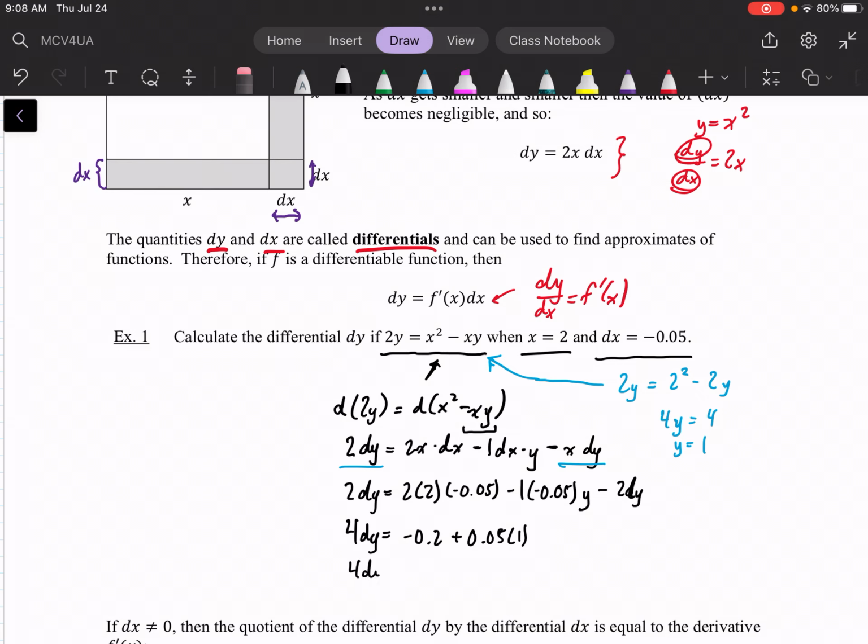So that's 4 dy equals negative 0.2 plus 0.05. Okay, so I can add these right now. So 4 dy equals negative 0.15. Now I can divide both sides by 4. So dy.